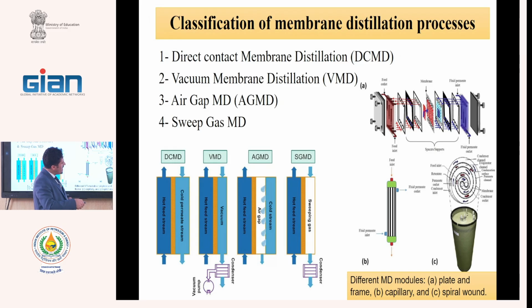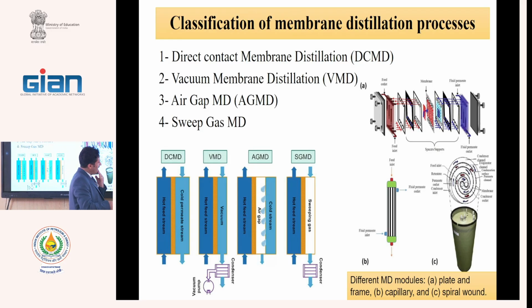Therefore, in this configuration, we have a vacuum on the permeate side, but this vacuum should be very low. We do not like to have a delta P. Therefore, we have a very, very low vacuum only for suction of the vapor.